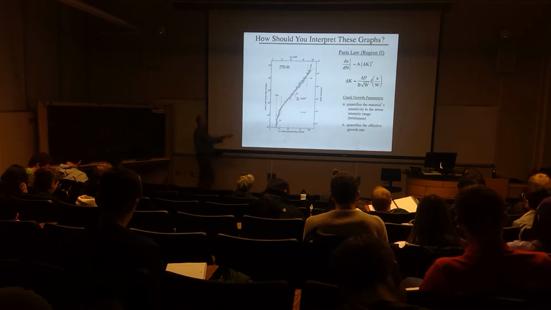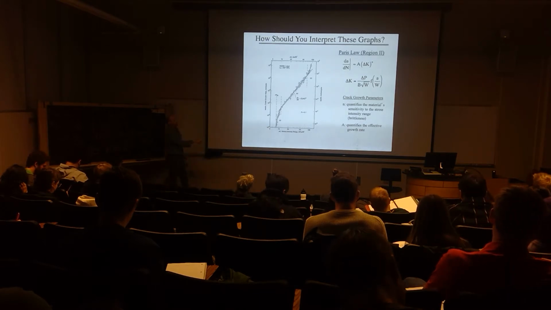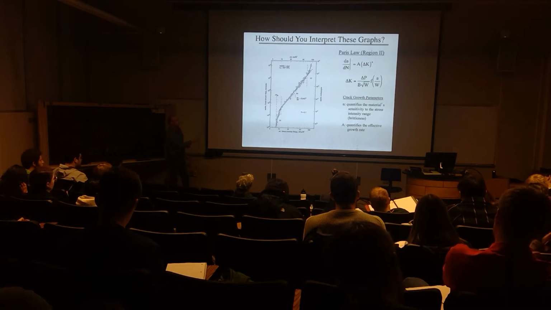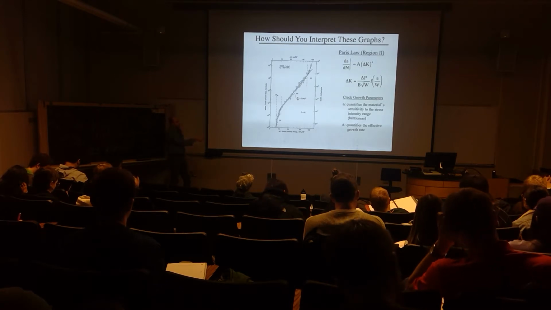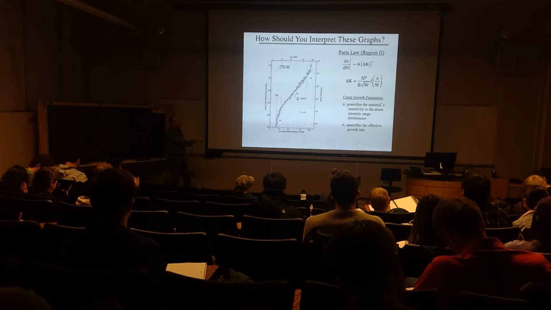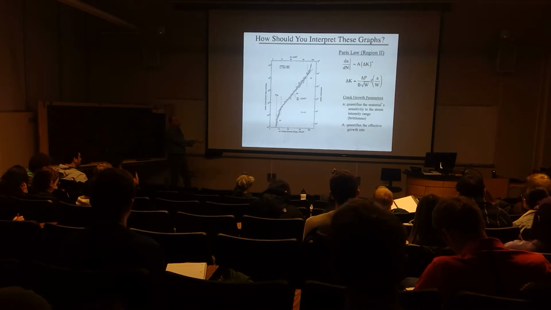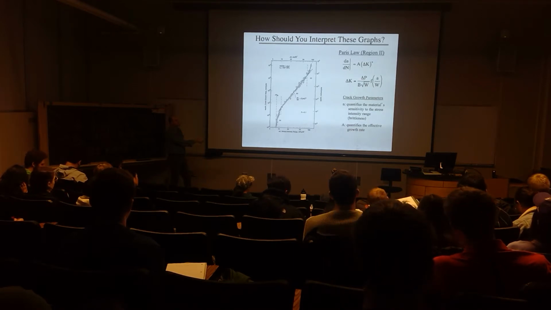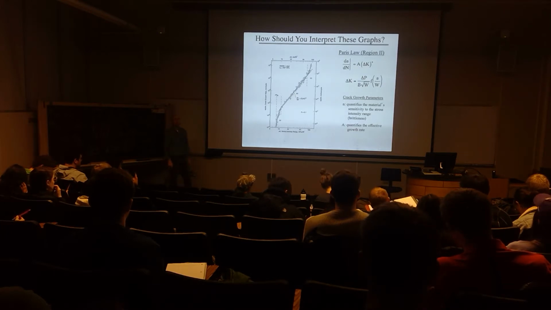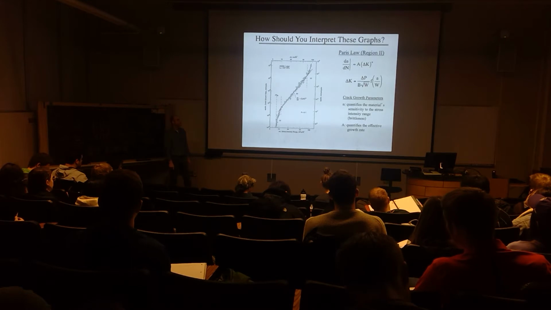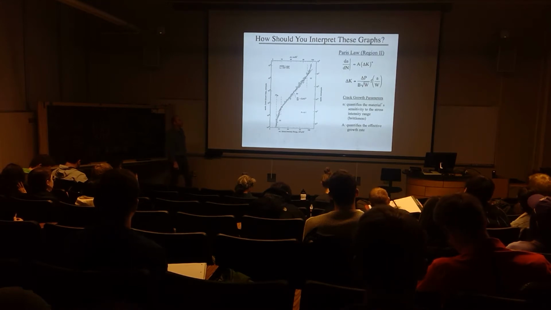We can see a well-defined region 2 response. The Paris law has been applied. And what we know is that the stress intensity range is basically a function of the loading range present on that particular structure, and then the rest is all geometry factors. That's all that's going on, that's all geometry.